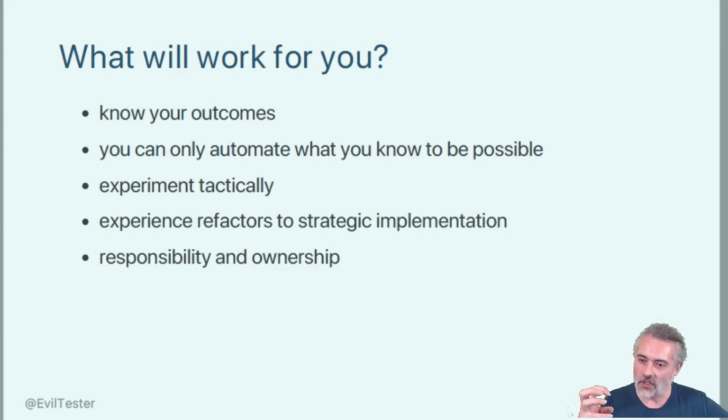So if we know what our outcomes are, then it's basically a case of, well, we can automate parts of those. The thing is, we can only automate what we know is possible. If we do not know that it is possible to automate it through the GUI, we won't even attempt to do that. If we don't know that it's possible to automatically upload things in a database, we won't do that.